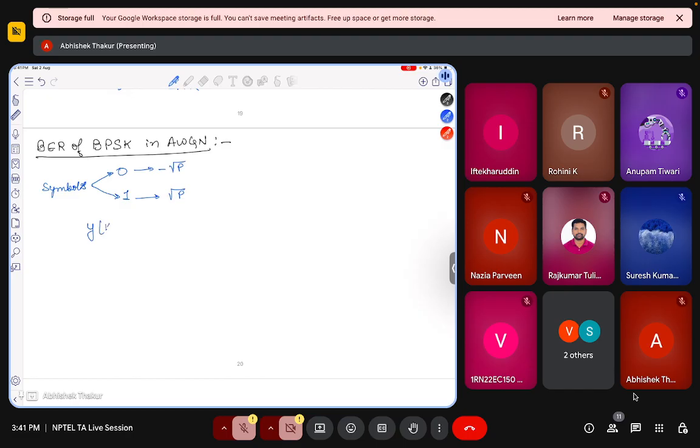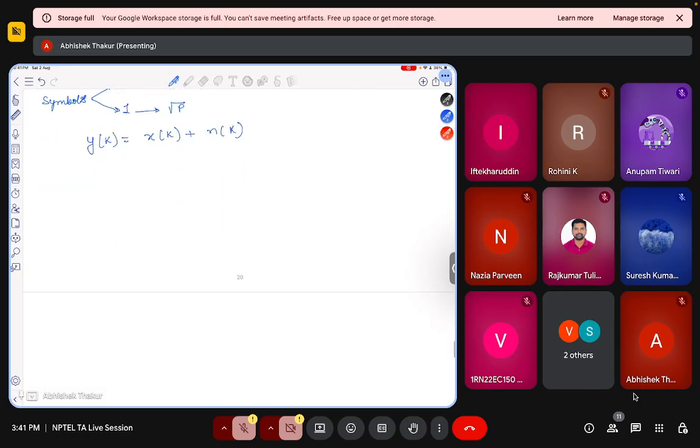So Yk, the received signal, is given as Xk plus Nk. So this is the transmitted signal X and N is the noise. Let's suppose the transmitter transmits this signal Xk and Yk is received at the user end. After receiving, the decision is made.